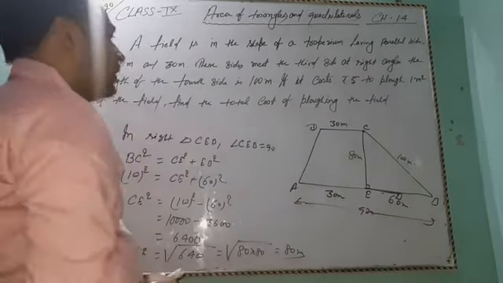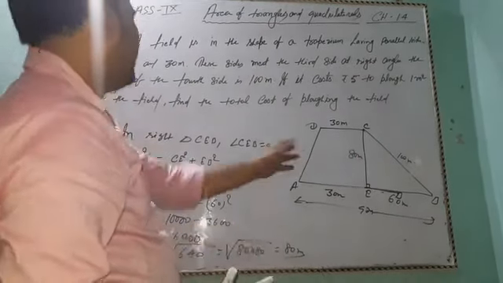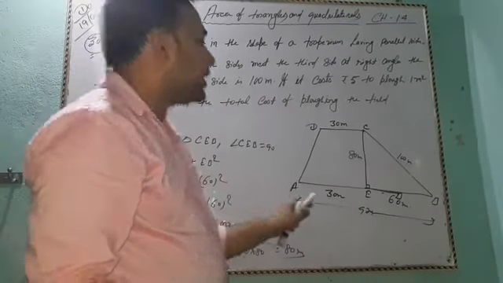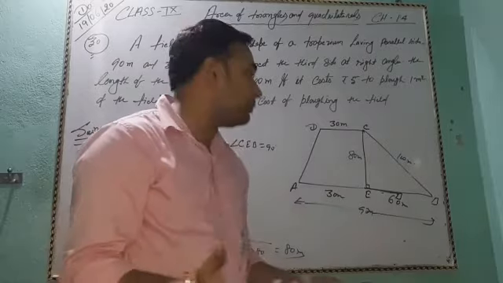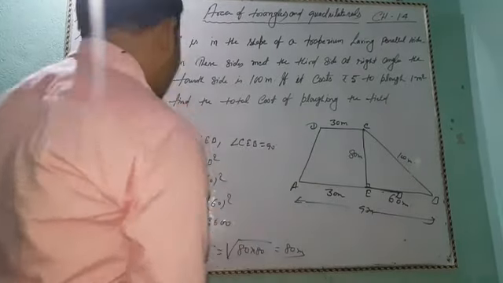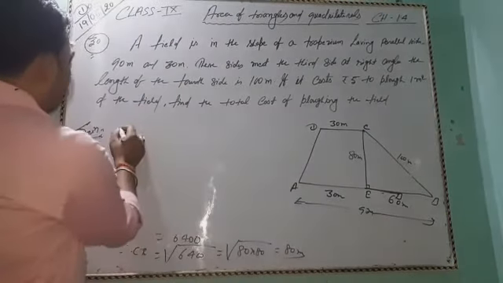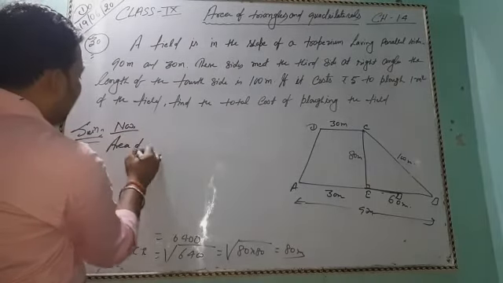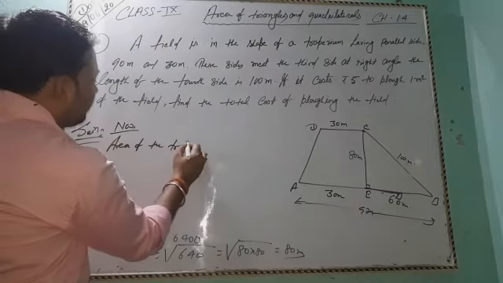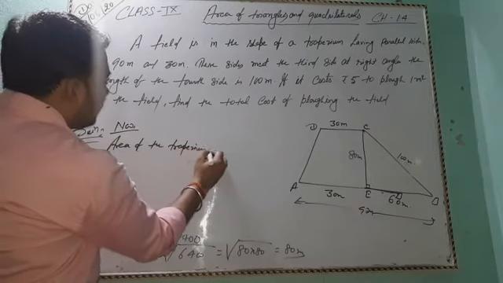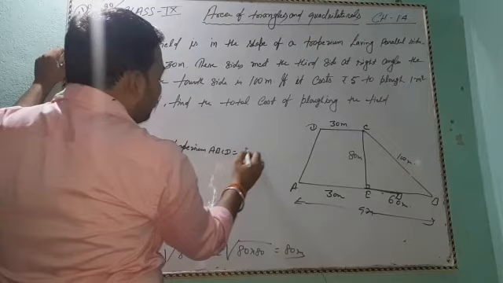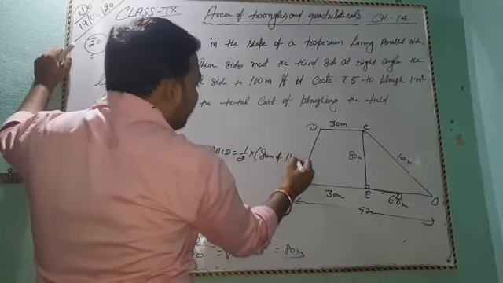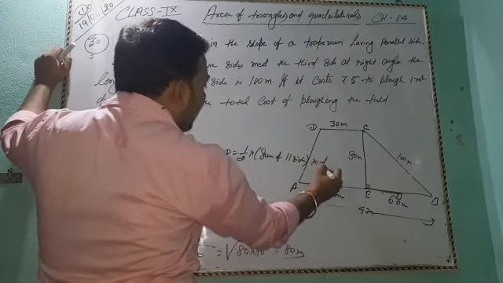Okay, and find the area of the field. Area of the field ABCD is in the form of a trapezium. So area of the trapezium ABCD equal to 1 by 2 multiplied by sum of parallel sides into height.